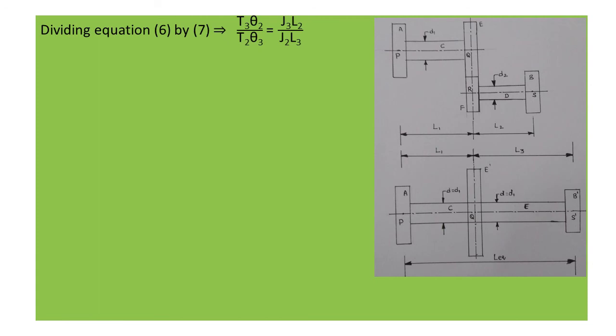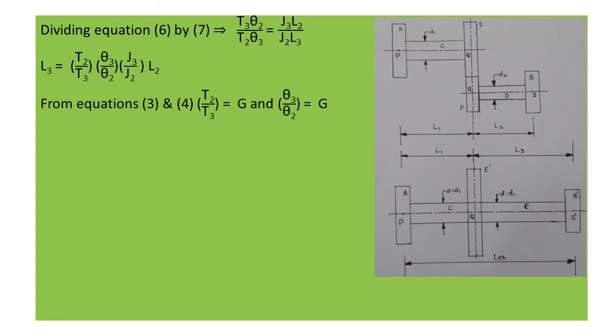Dividing equation 6 by 7, T3 theta 2 by T2 theta 3 equals J3 L2 by J2 L3. By rearranging, L3 equals T2 by T3 into theta 3 by theta 2 into J3 by J2 into L2.